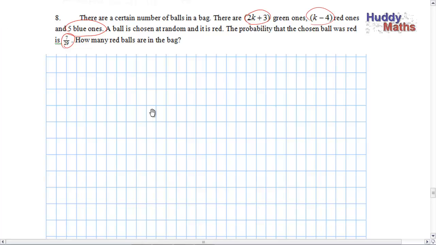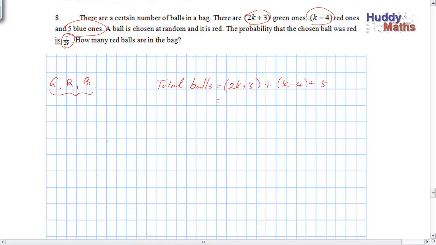So what have you got? You've got green, red, and blue. Now we're working with probabilities, so we really want to know the total balls in the bag. The total balls will be the sum of all of these. 2k plus 3. So what we're doing is going on unfazed because we haven't got actual numbers, we've got letters.